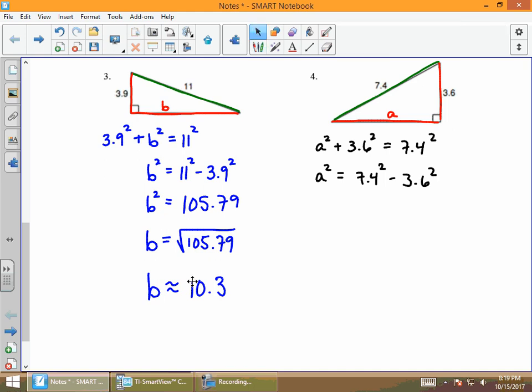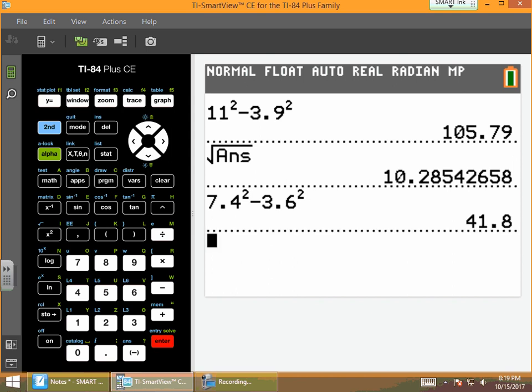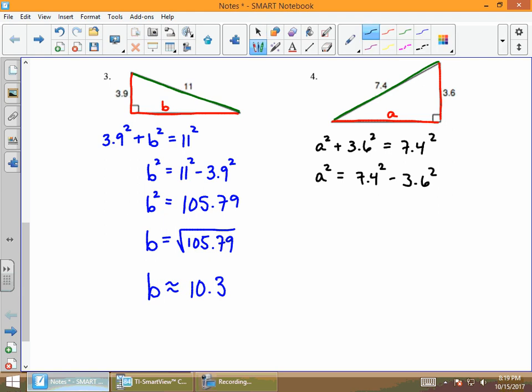Alright, so that means I have to get to my calculator. 7.4 squared minus 3.6 squared is 41.8. That's a squared.